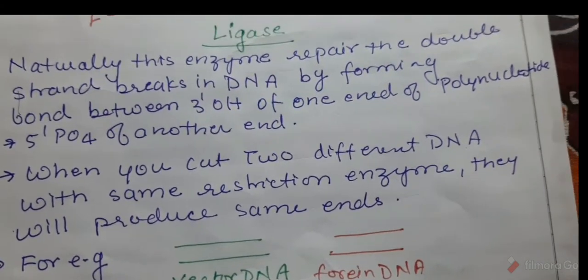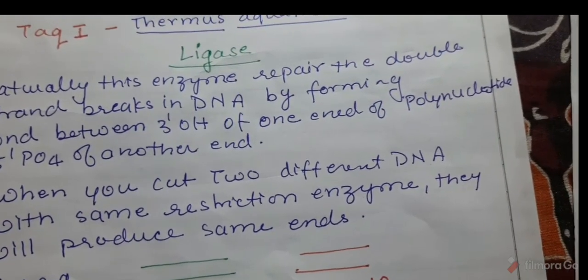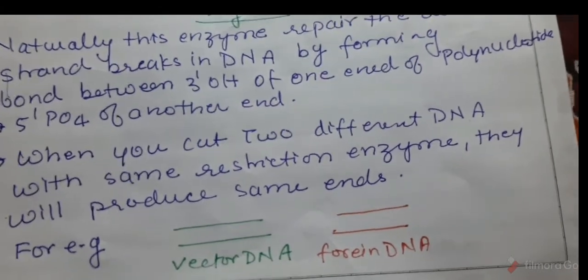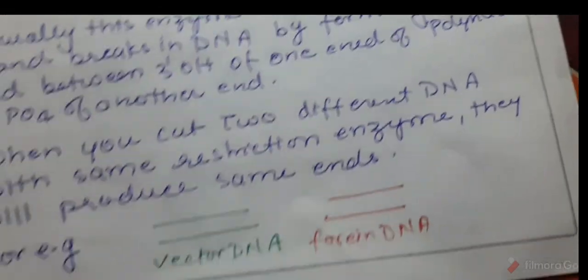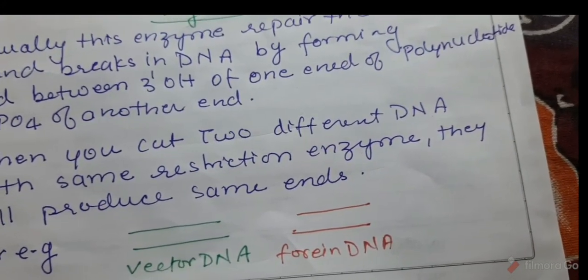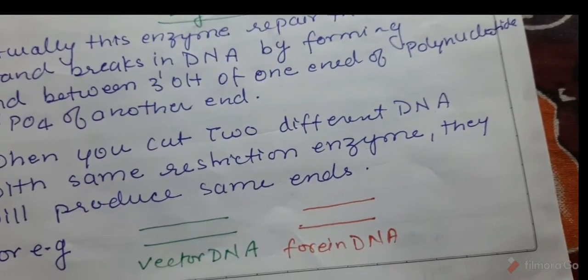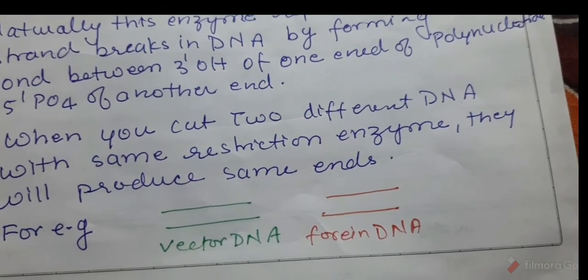When you cut two different DNAs with the same restriction endonuclease, they will produce the same ends. If I have a vector DNA and a foreign DNA, the restriction enzyme will cut at a specific site, and in both cases the same kind of ends are generated.